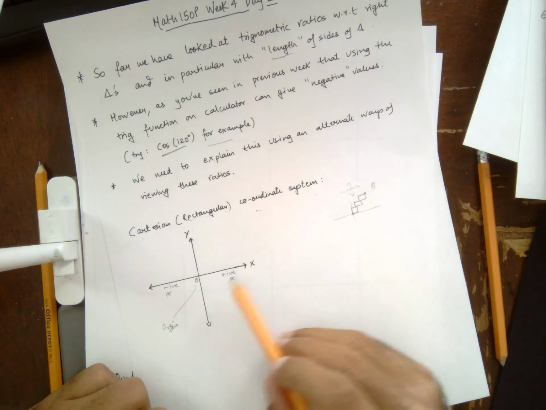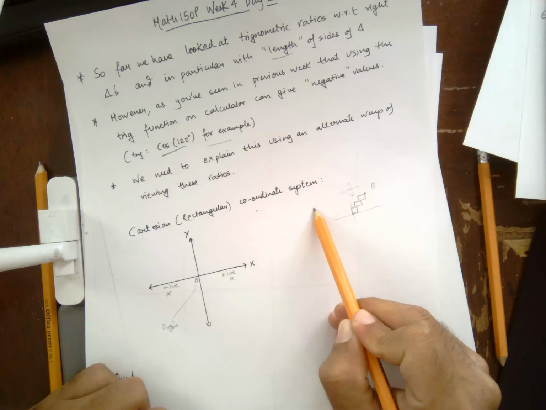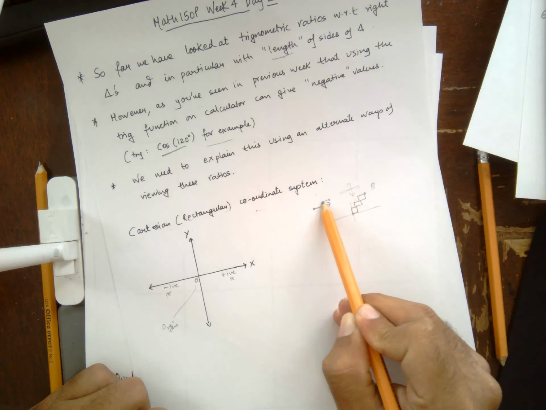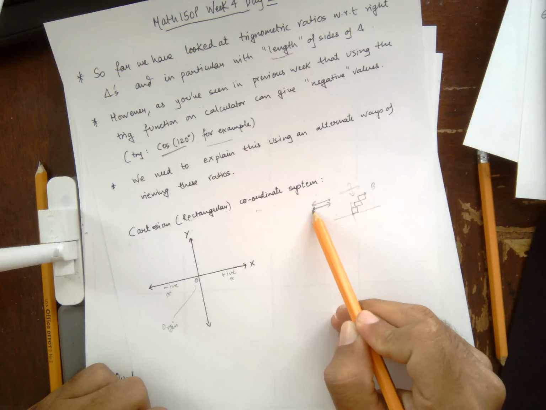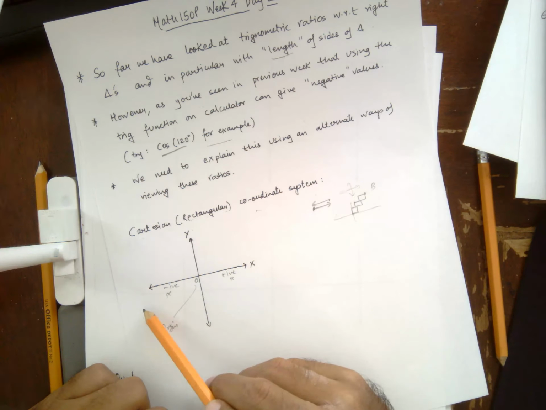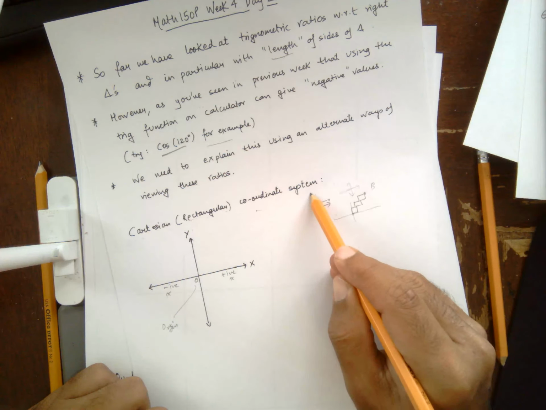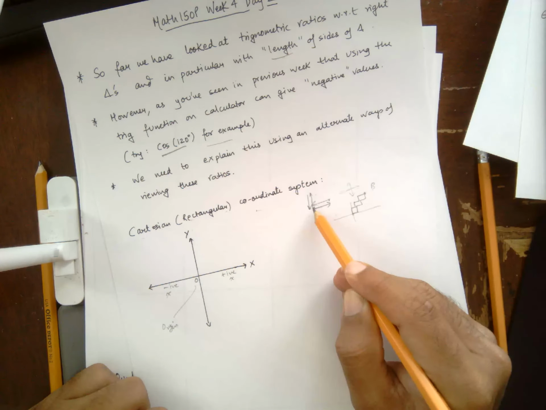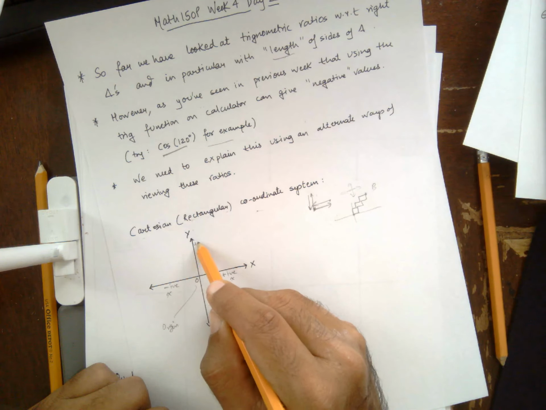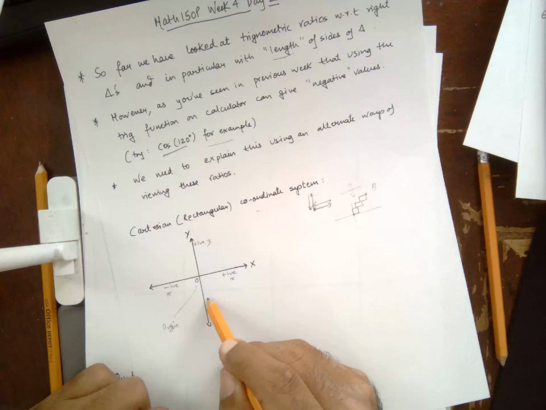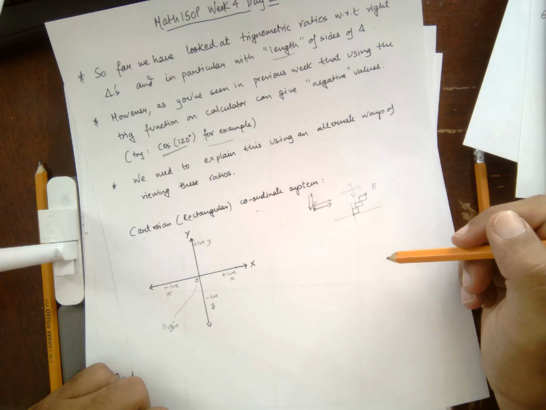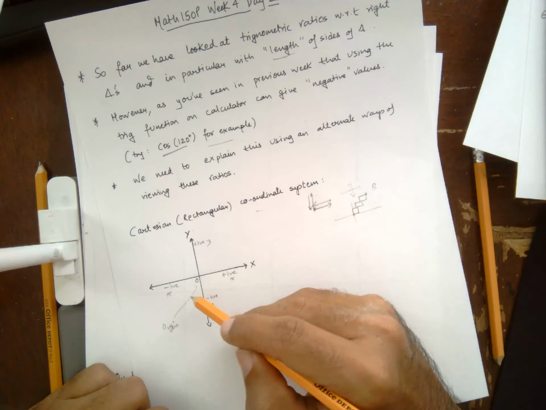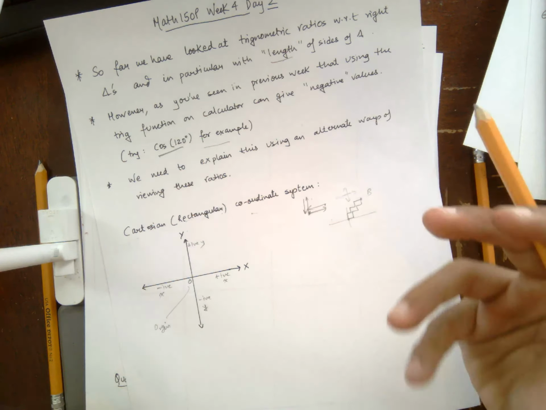The intuition comes from the fact that if you start from a point and you go right and then you come back left, you're at the same point, so your displacement is 0. That's why moving left is negative. Similarly, if you go up and then you come back down, you're at the same place. So this is said to be positive y and this is said to be negative y. That is the intuition where the origin is like your original state, right?